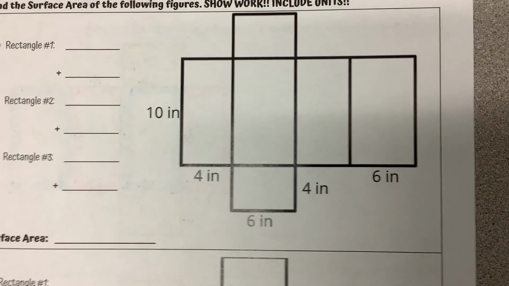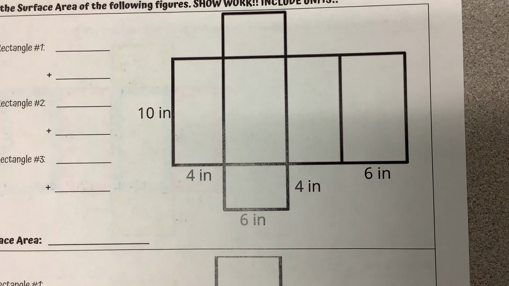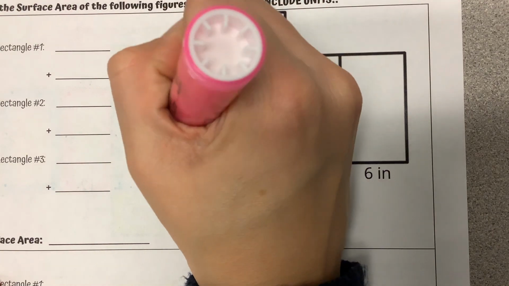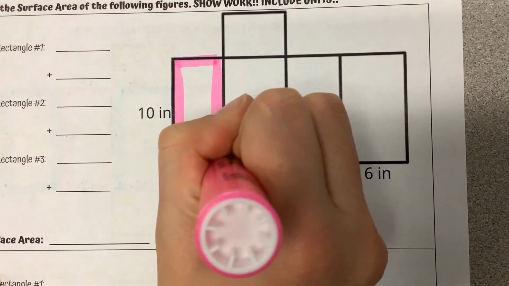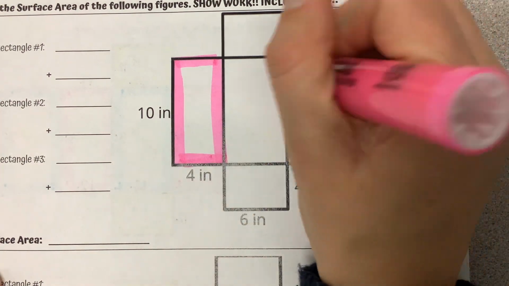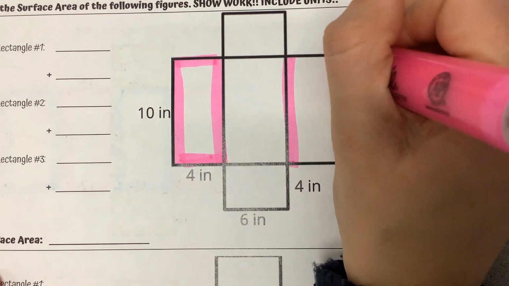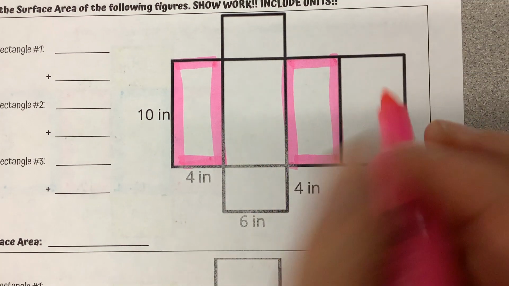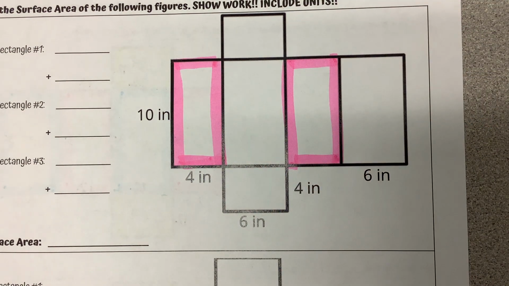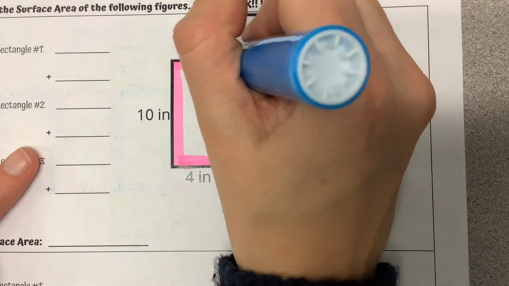Let's do another one here. Highlighting my first rectangle in one color, and we alternate. Pink, not pink, pink. My second rectangle here, highlighting in blue.